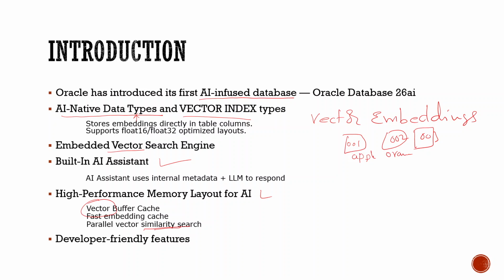Since these two are similar, I'm just giving an example, it's not exactly like this, but these two are relevant objects stored somewhere. So similarity search will go and search in this way.